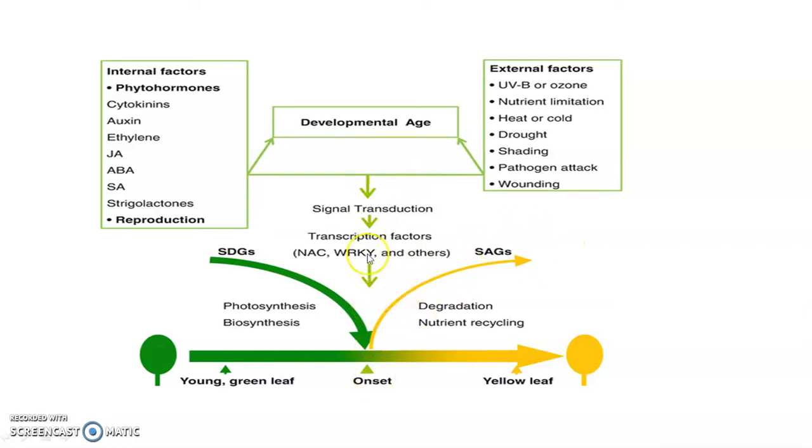During this, senescence-inducing genes increase in concentration and degrade the nutrition cycles, and leaves become yellow. As well as senescence-downregulated genes, they increase photosynthetic biosynthesis and keep leaves green, and help development.